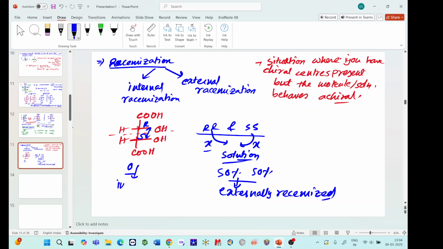This will be internally racemized. In both cases you will get 0 chiral signal. This is very important. It will help you examine a lot of experimental data.